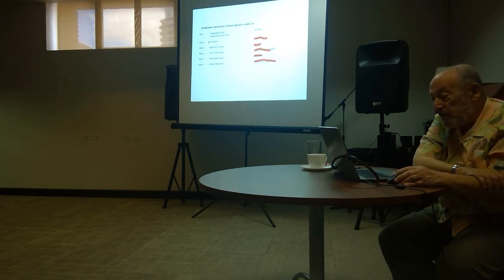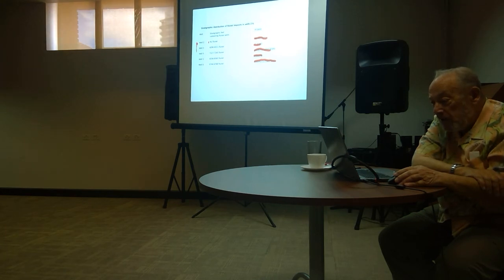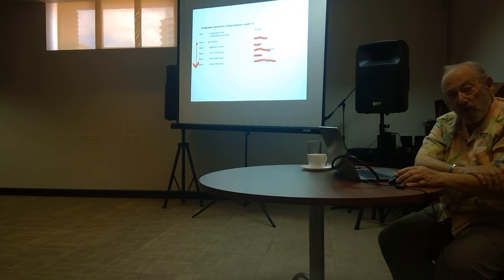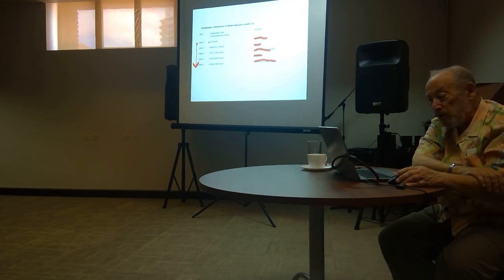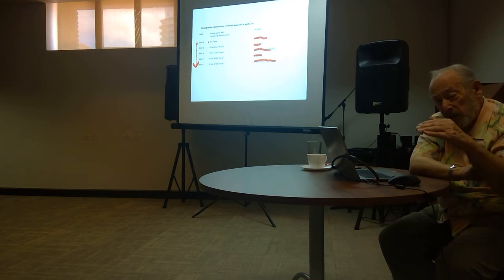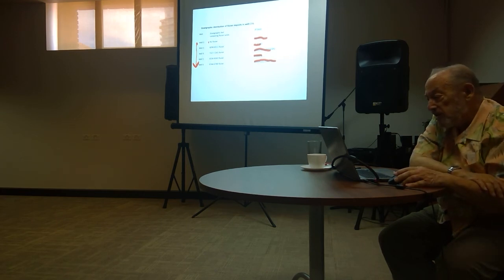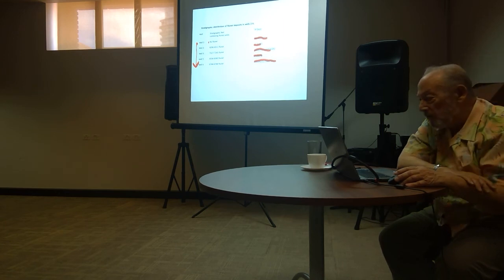And what's happening is you're going from deepest to shallowest as you go from well 2 to well number 6. Deepest structurally, shallowest structurally. So something's not quite right here.